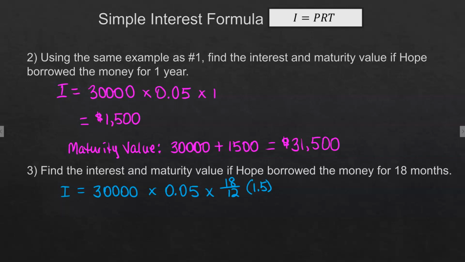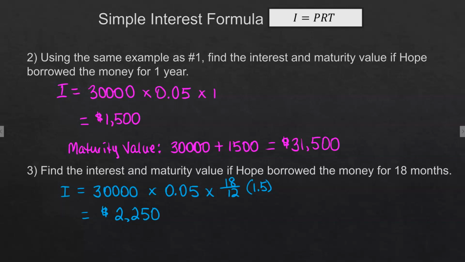So you really can just enter in 1.5 when you get to that part. Remember on our calculator, we would put 30,000 times 0.05 times 18 divided by 12. Remember, a fraction bar means divide. And then our interest amount would be $2,250.